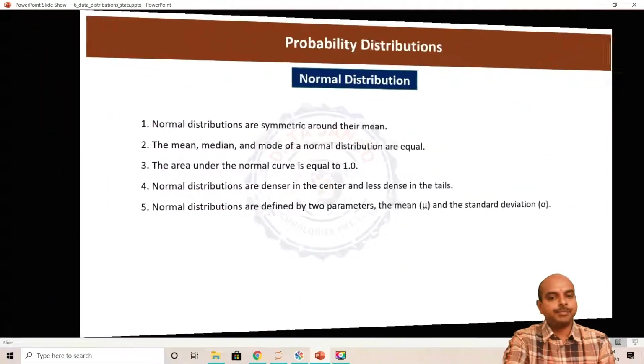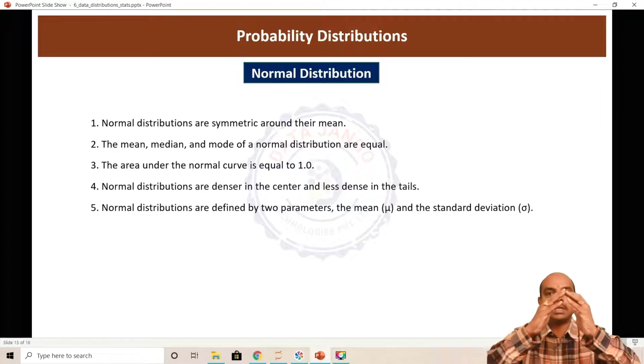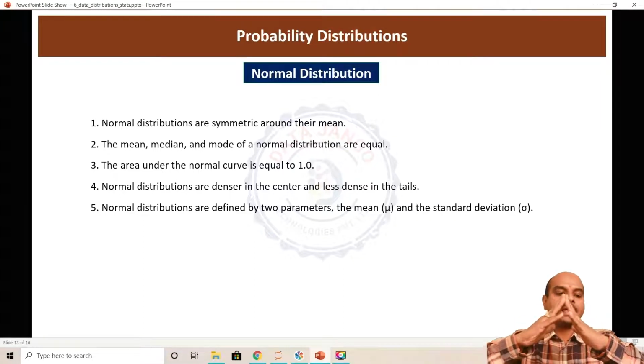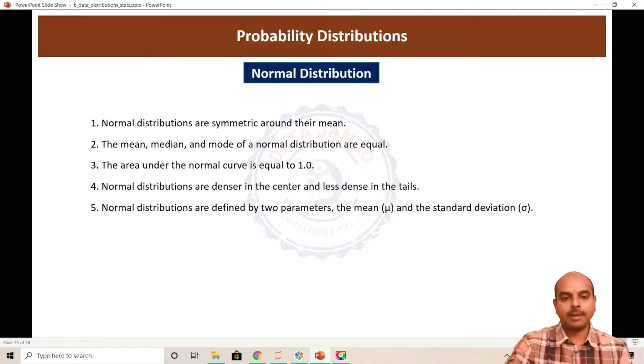And the fourth rule is that a normal distribution is denser in the center and less dense at the tails. At the tails the data is going to be less dense, and in the middle the data is going to be dense. The bar heights are going to be small.